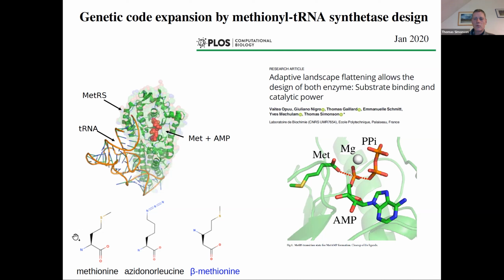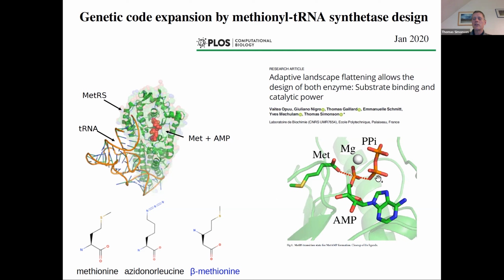All the tested variants were indeed active. There were 19. And more recently, we designed for a bona fide application activity towards beta methionine. And there too, we had some nice hits. And the important thing I want to mention about this application, this was designing for transition state binding. This was a simple model of the transition state for the synthetase reaction.